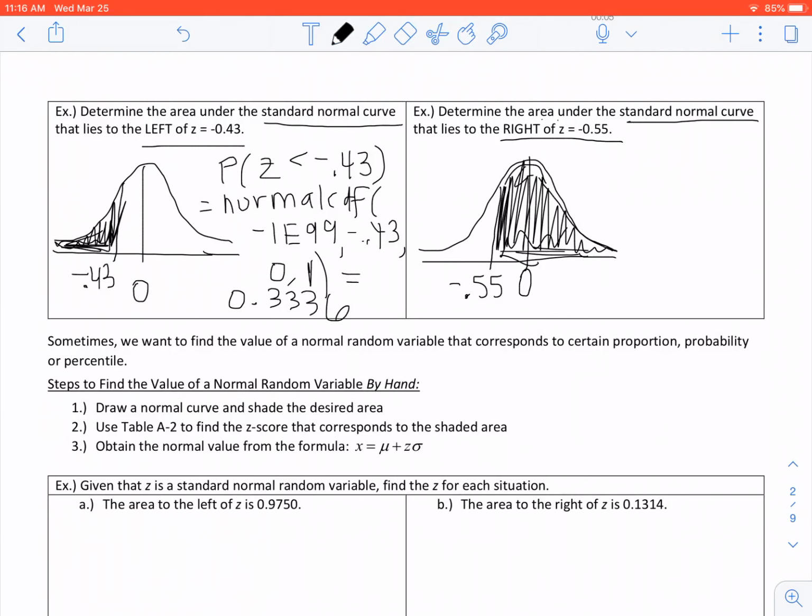And so we are looking for, this is going to be equivalent to the probability that z is going to be greater than negative 0.55, which again we're going to be using normal CDF.